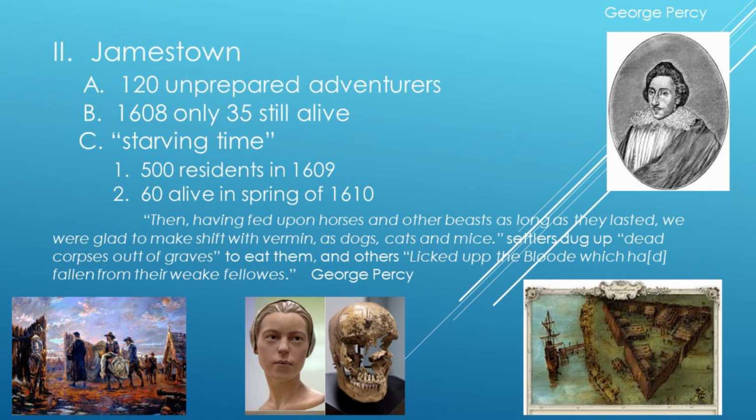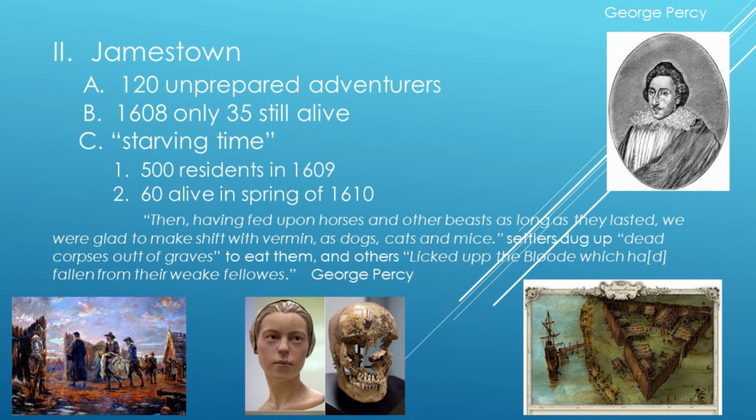The image in the bottom right corner is the structure of the fort there at Jamestown, built in a triangular shape because the land where they had decided to create this settlement was on a kind of peninsula, so there was water on three sides.